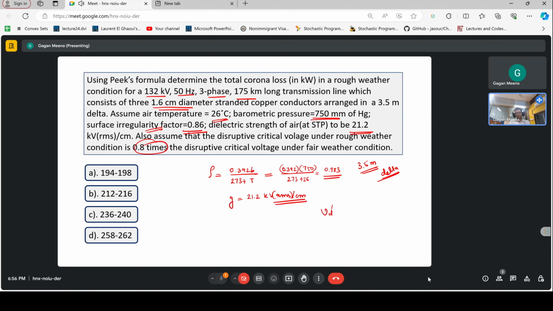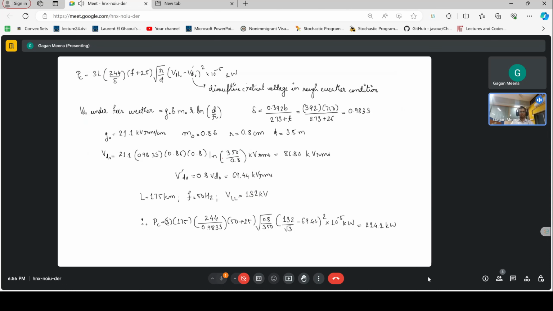Now let us find out all these values. So delta we have already found, 0.9833, and V naught under fair weather condition is G naught delta M naught, which is already given. Surface irregularity factor is already known. D is 1.6 centimeters, so r is 0.8 centimeter, and capital D is 3.5 meters, so 350 centimeter.